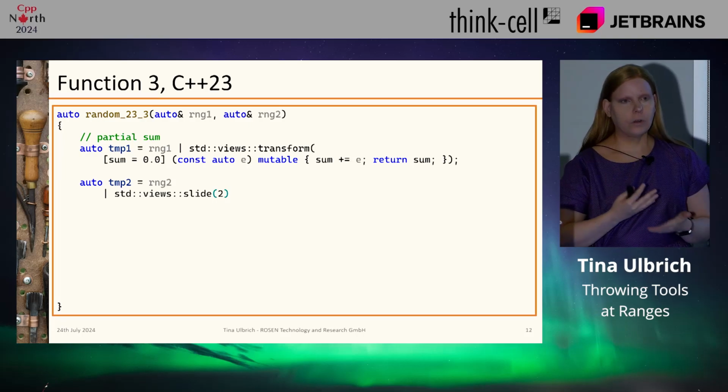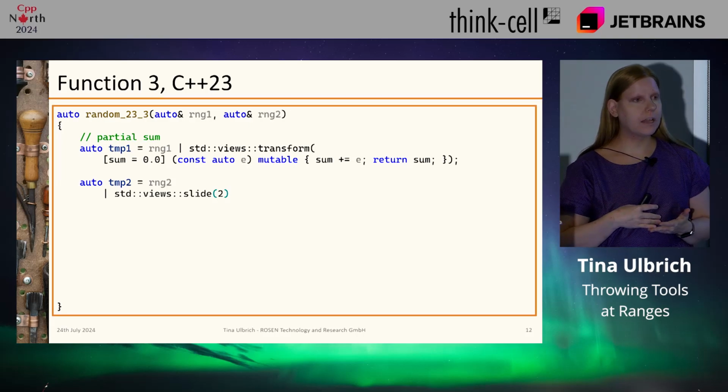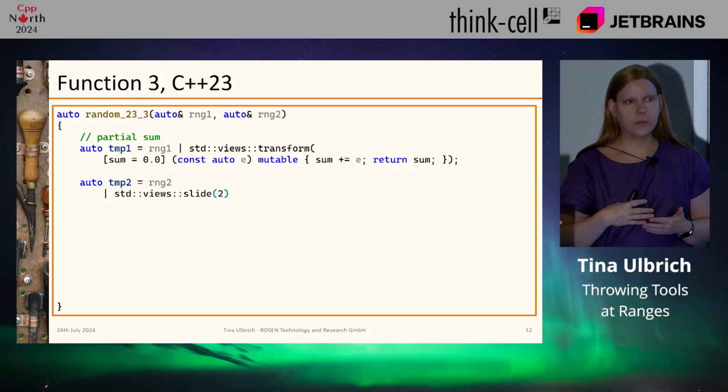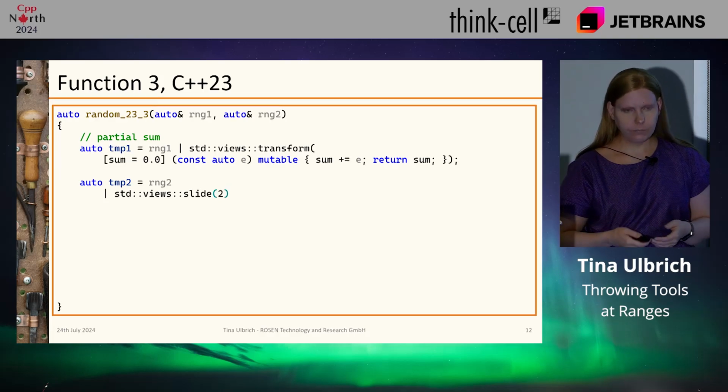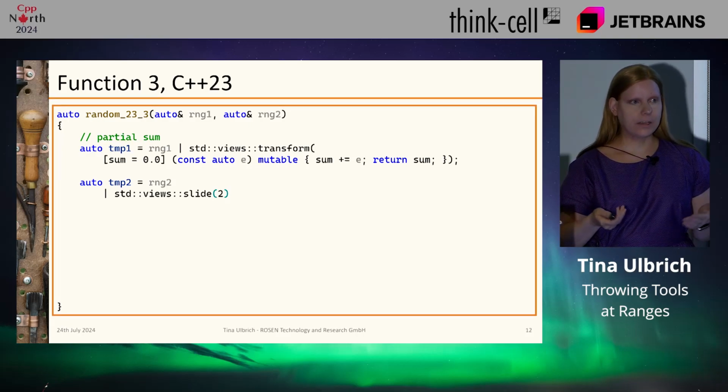So you can pick what you like. In the end, you get almost the same thing. Slide returns a subrange, and adjacent returns a tuple with the values. I could have used pairwise here as well because I have a known window size at compile time.